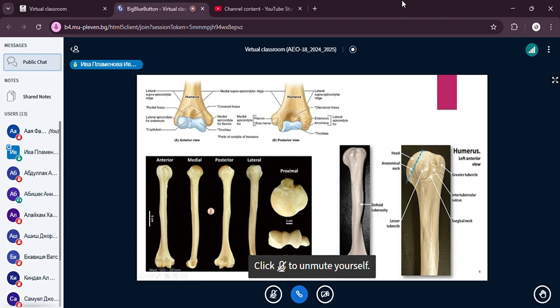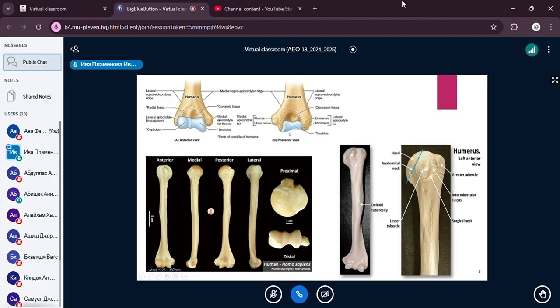Above the capitulum is the radial fossa. Above the trochlea humeri is the coronoid fossa. And that's the anterior view. The two epicondyles, the two crests, the condyle of the humerus with its two parts, capitulum and trochlea. And above them, radial fossa and coronoid fossa.